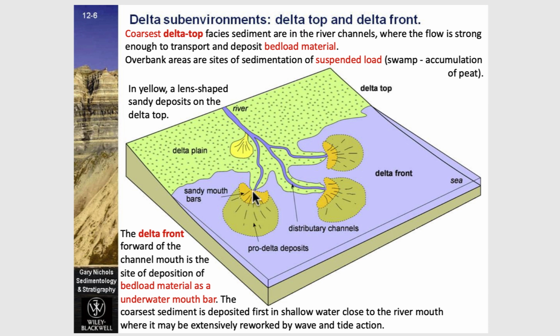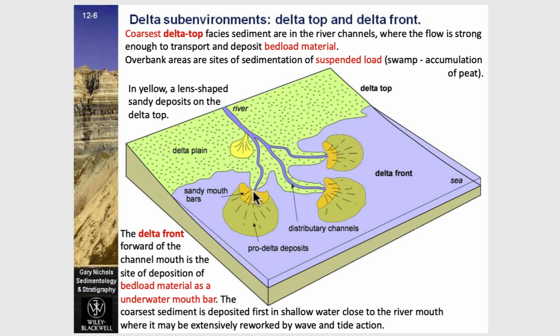So the flow velocity will drop dramatically, and the coarser fractions, similar to alluvial fans, get deposited straight away in a submarine environment. So you tend to form sandy mouth bars, for example.